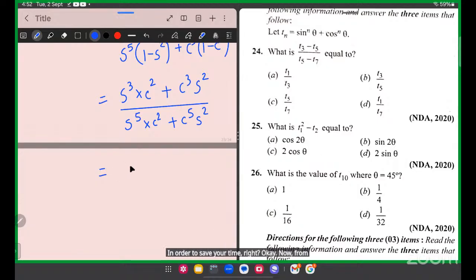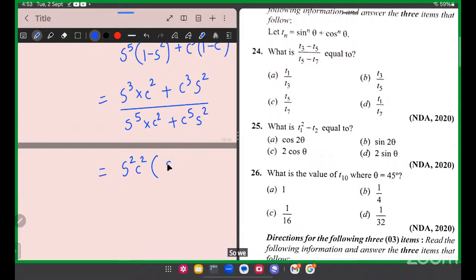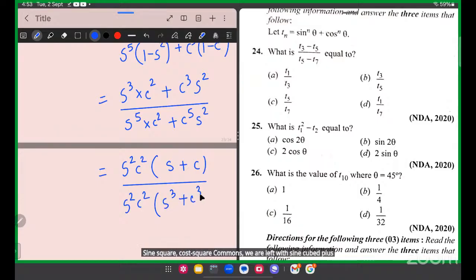Now from here, what we can do, we can take sine square cos square common. So we are left with sine plus cos here. And in the same way, if I take sine square cos square common, we are left with sine cube plus cos cube. This sine square cos square will get cancelled.